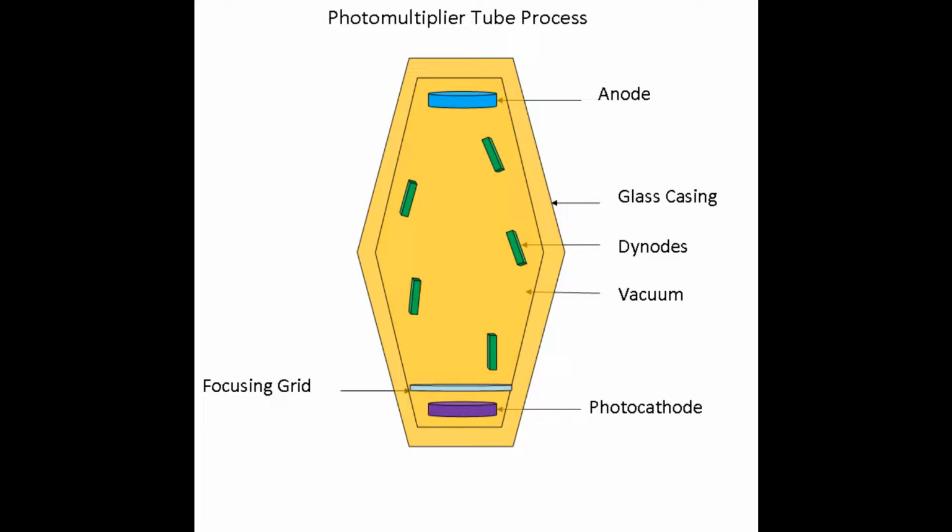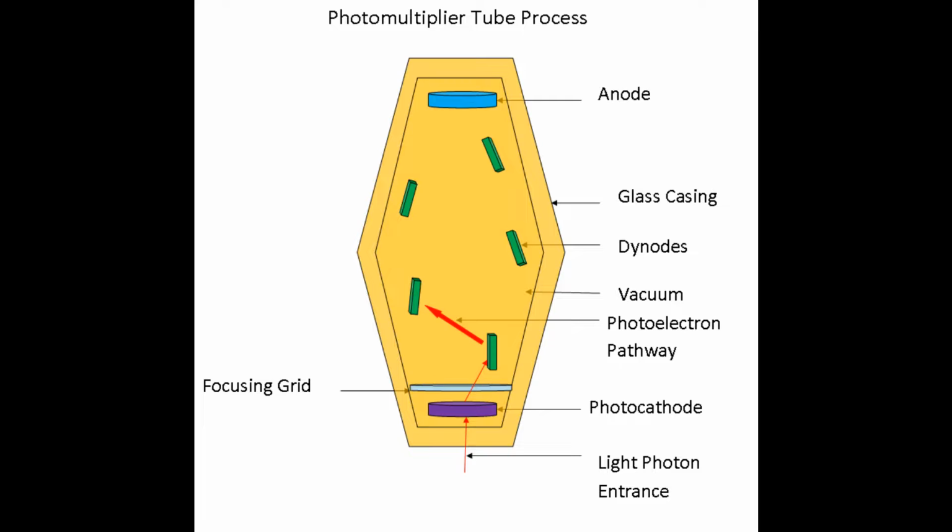Photomultiplier tubes, also known as PMTs, are stimulated to produce an electrical current pulse when light signals interact with the photocathode. The photocathode is comprised of a photoemissive substance that expels an electron when hit by a light photon. This expelled electron becomes known as a photoelectron and passes through a focusing grid which directs the photoelectron to the diodes.